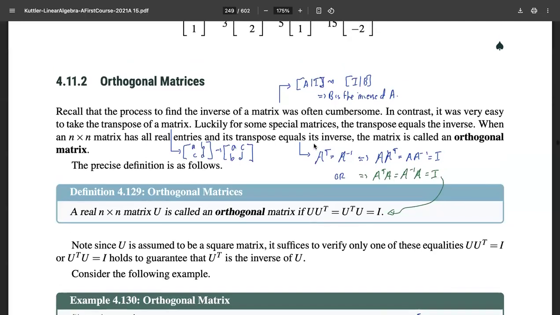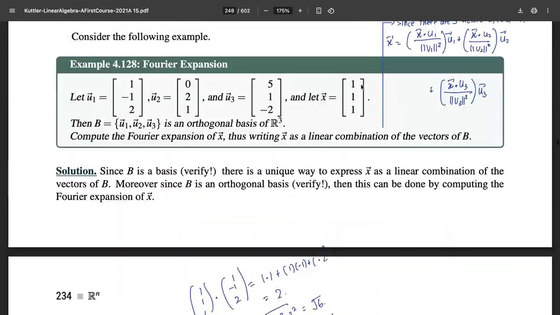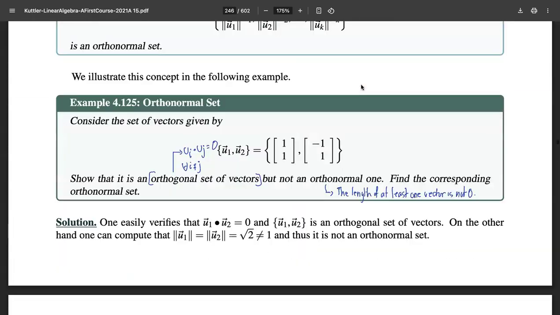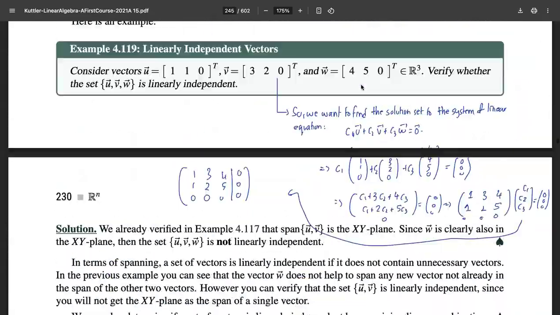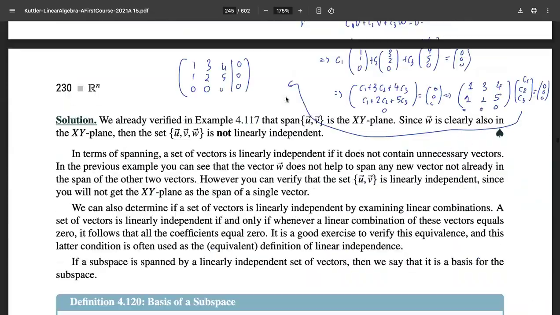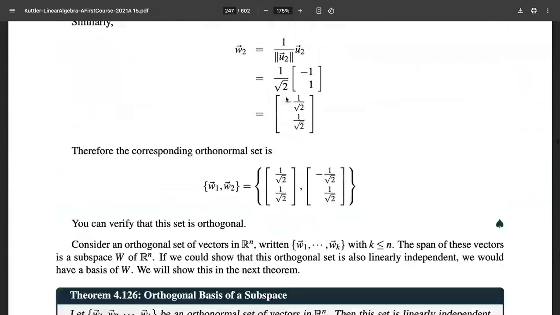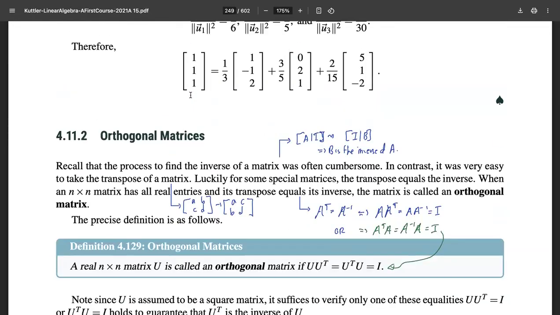Now let's go to the next subsection. We are going to talk about orthogonal matrices. We talked about orthogonal sets and orthonormal sets, which are sets of vectors. Now we are going to deal with orthogonal matrices, but you'll see that the ideas are not too different.